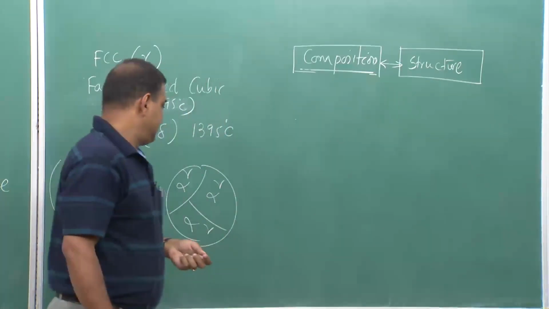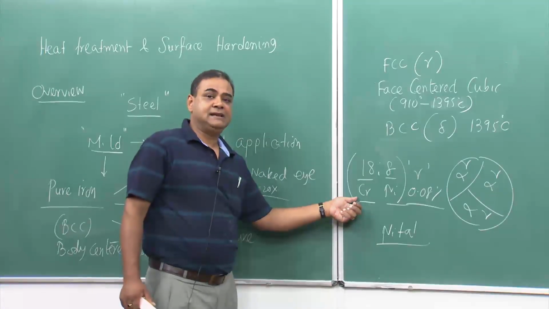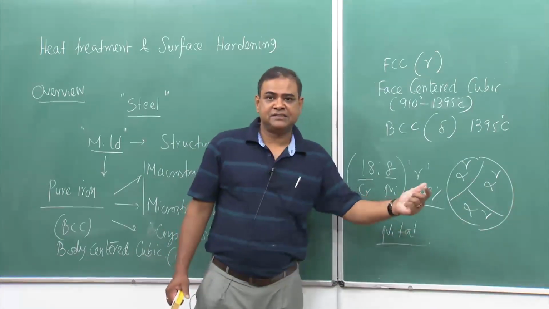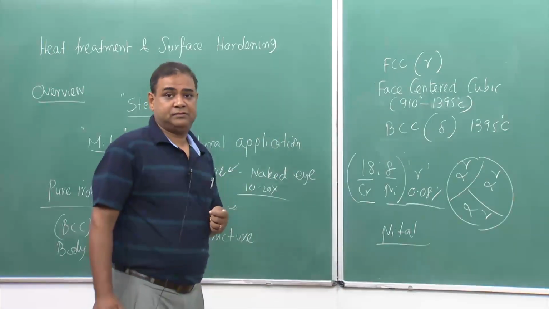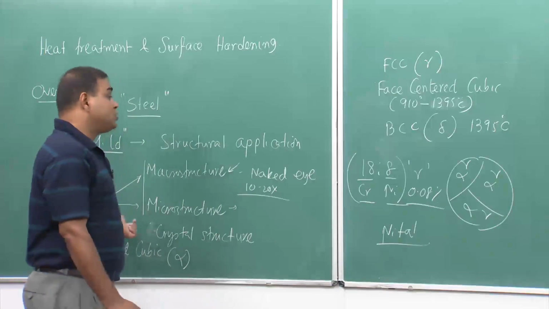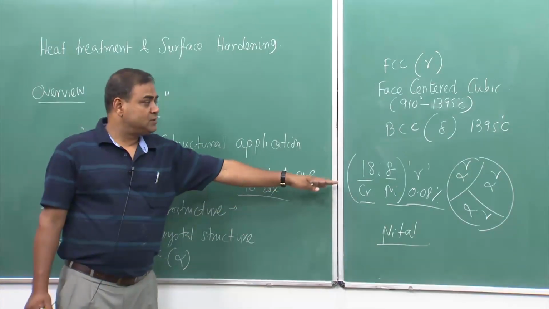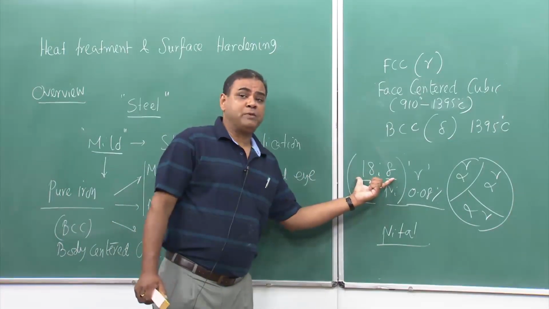For example, here is 18-8 stainless steel. The microstructure looks almost similar, but there is a change in crystal structure and a change in composition. In pure iron we do not have chromium and nickel, but in stainless steel we have a high amount of chromium and nickel.